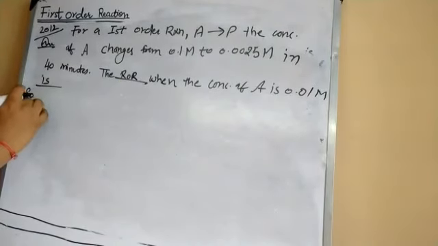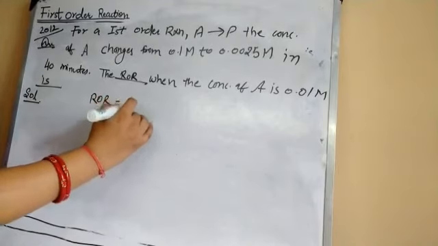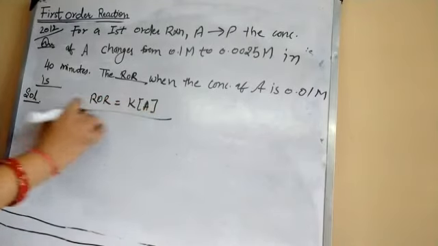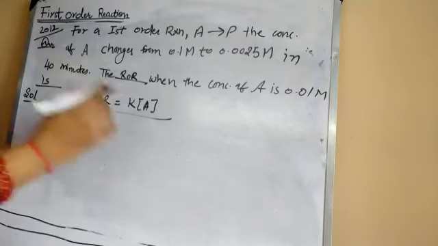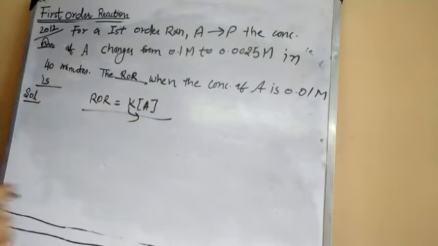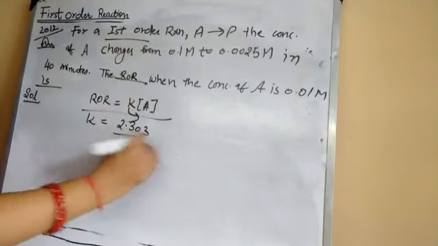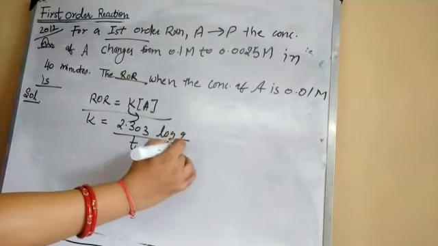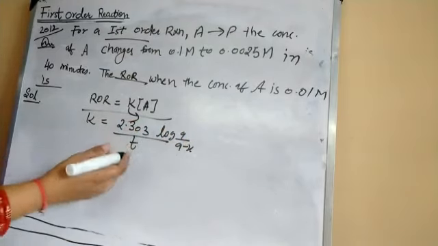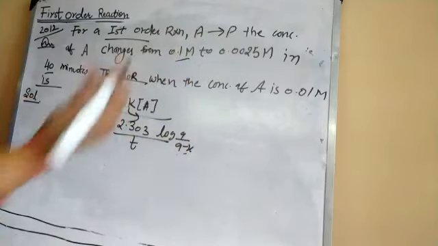For that we know that the rate of reaction is equal to the rate constant into the concentration of the reactant. So first we need to calculate this rate constant. K is equal to, we'll use the first order because they have already given that this is a first order reaction, so 2.303 by t, log A by A minus x. All the things they have given: t is 40 minutes, the initial concentration, and A minus x also.